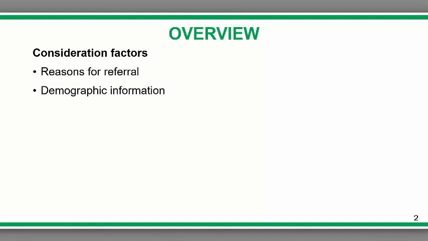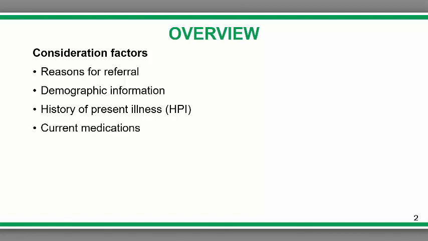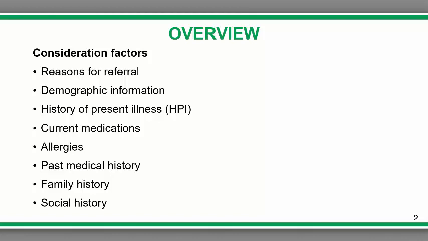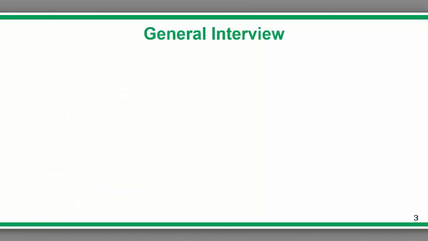And then at that point, the clinical exercise physiologist will engage in what we will review as the general interview, which will include the collection of demographic information, evaluating the history of the present illness, becoming aware of any current medications, allergies that the patient or client may have, a review of the past medical history, family history, and the social history as it relates to certain lifestyle behaviors will help to form an overall picture of that patient and client so that the testing and prescription of exercise can be optimized.